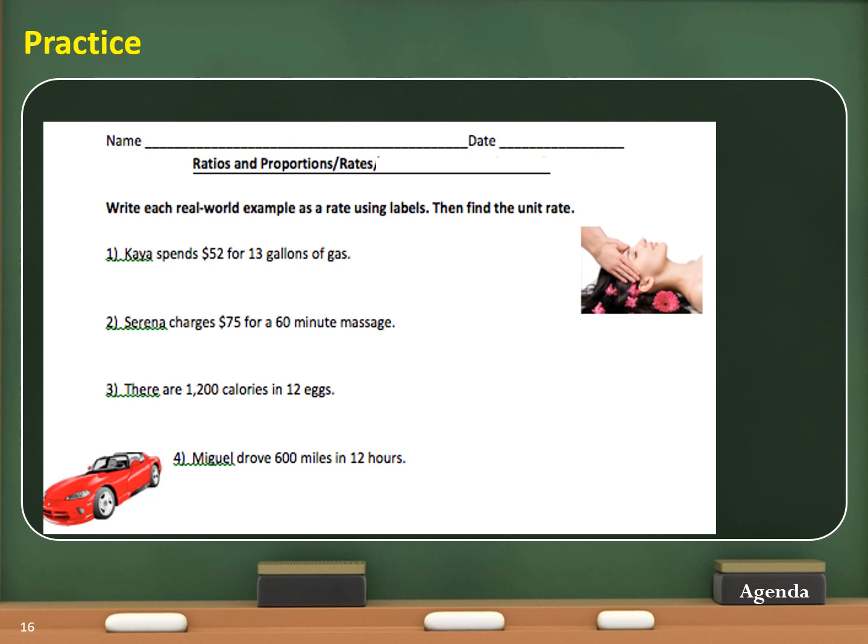Please do remember that paper you have to submit to me. You have to submit that paper by taking a photo.